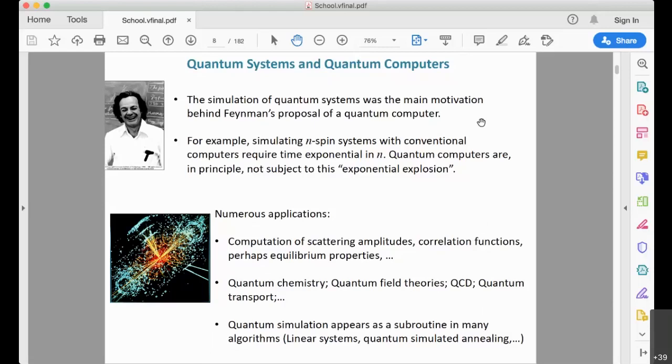But we also know now that quantum simulation appears as a subroutine in many other algorithms. One main example is the algorithm for solving linear systems, or a quantum version of the linear systems problem. That algorithm uses Hamiltonian simulation as a subroutine. So whatever progress we make in Hamiltonian simulation, that progress will be carried to other algorithms as well, to other problems.